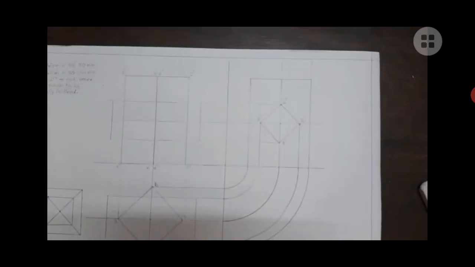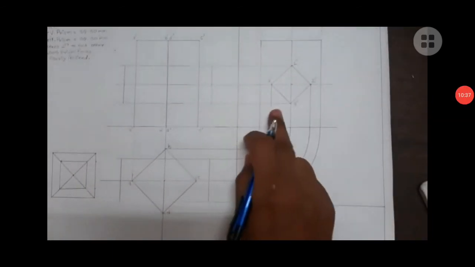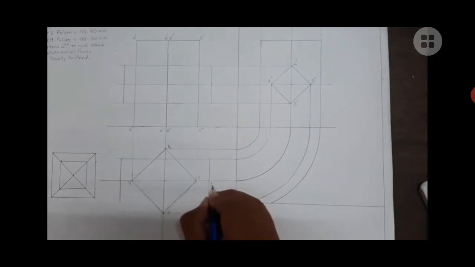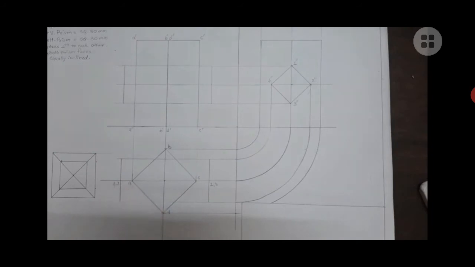So take the points using the length 1, 3, 2, 4.